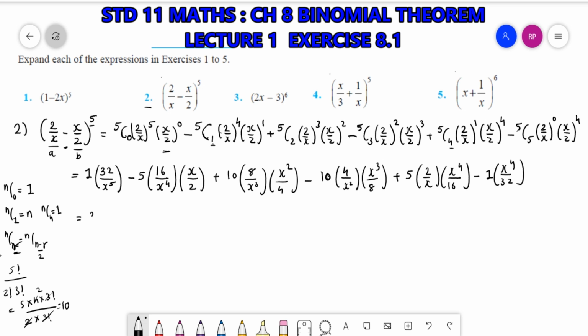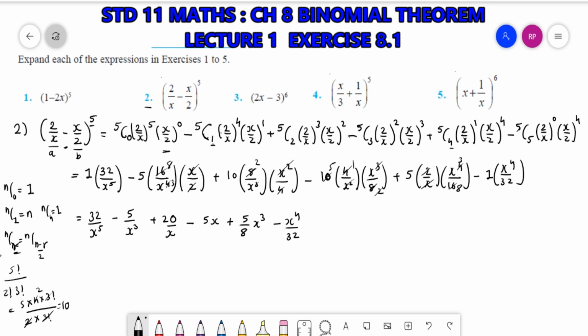This will be equal to 32 by x raised to 5 minus 2 ones are 2, 2 eights are, and x here will be cube, minus 5 by x cube plus 4 ones are, sorry, yes, 4 ones are 4, 4 twos are 8, so plus 20, and x square here will be cancelled by x, minus, okay, 4 ones are 4, 4 twos are 8, and 2 ones are 2, 2 fives are 10, and x square here will get cancelled, so minus 5x plus 2 ones are 2, 2 eights are 16, so it's 5 by 8, and x here will be cube, x cube minus x raised to 4 by 32.